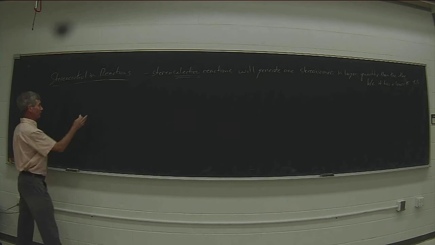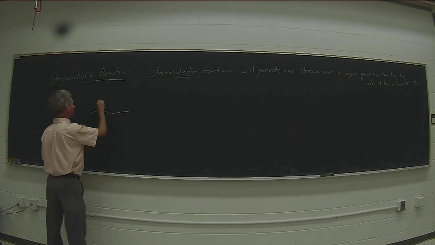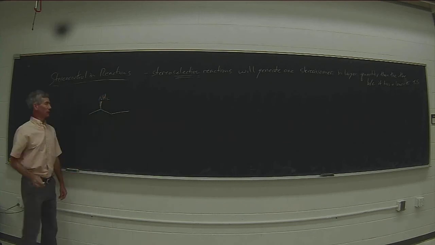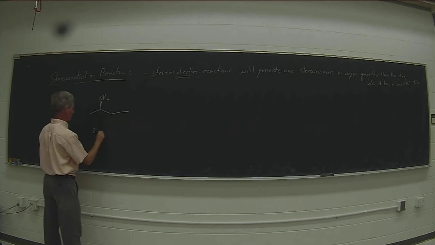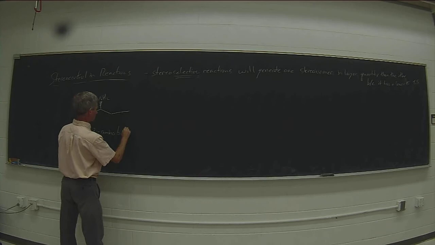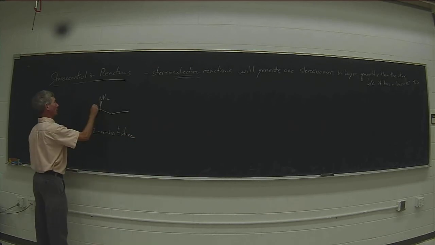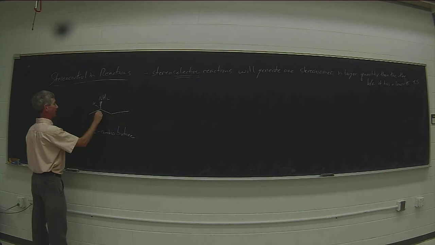So what I want to consider is a fairly simple molecule. 2-amino-butane. And we're going to start with a single pure stereoisomer of the 2-amino-butane.